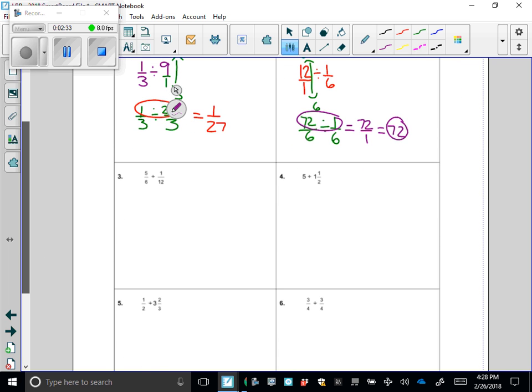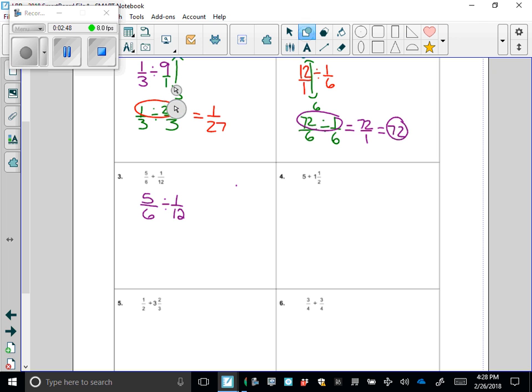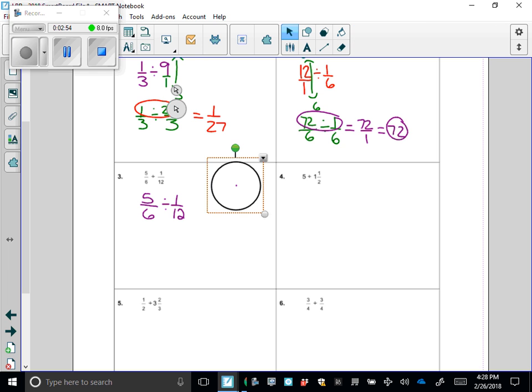This next problem, 5/6 divided by 1/12. That's a good one to do with the picture. It's not too hard. We can get a little fancy here with a smartboard tool. First, I'm going to break this into 6.